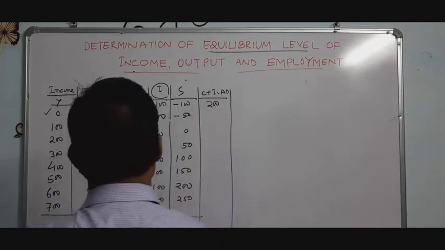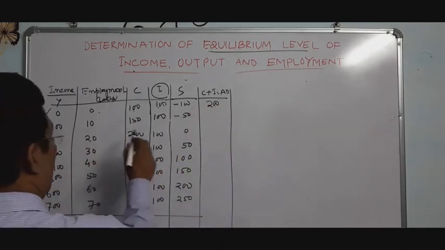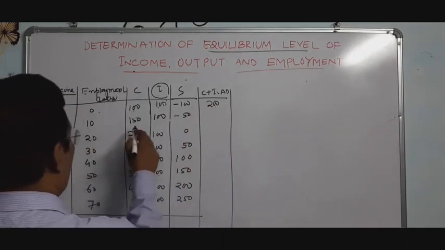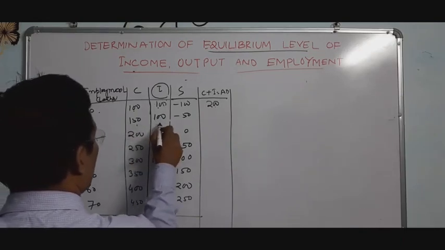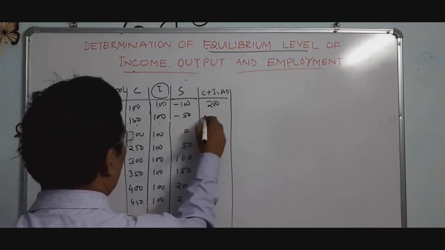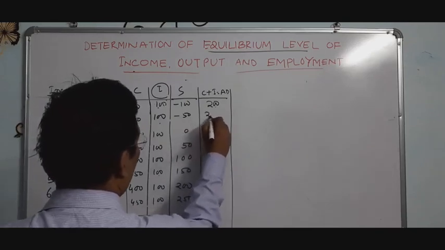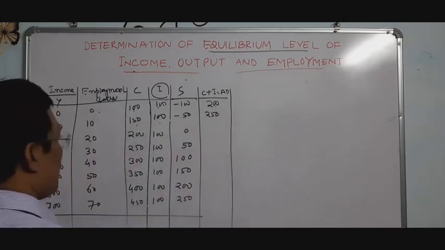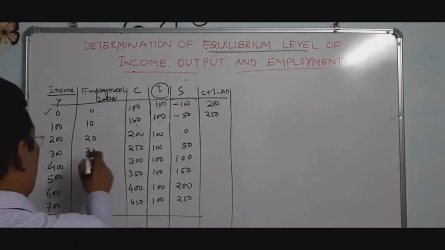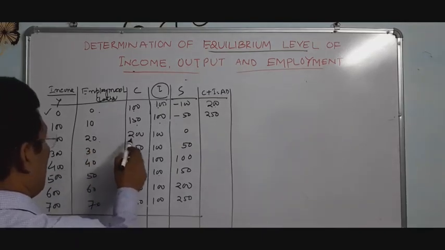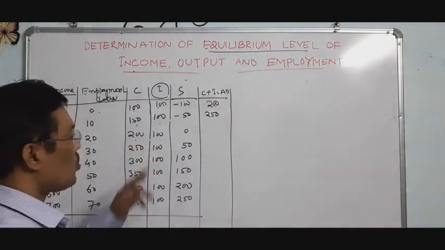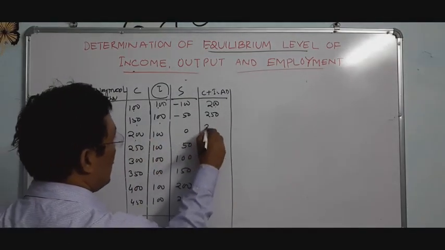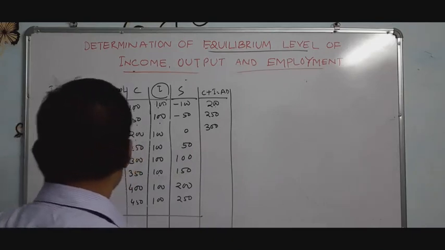Similarly, at 100 level of income, consumption is 150 and investment is 100, so the total aggregate demand will be 250. At the 200 level of income, 20 lakh employment, consumption 200 and investment 100, 200 plus 100 equals 300 is the aggregate demand.